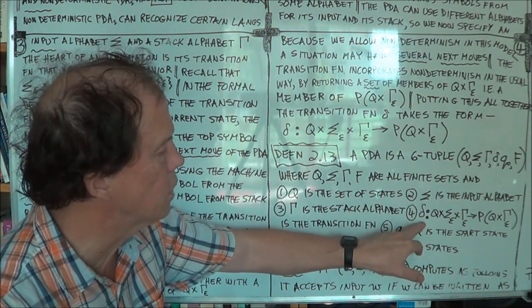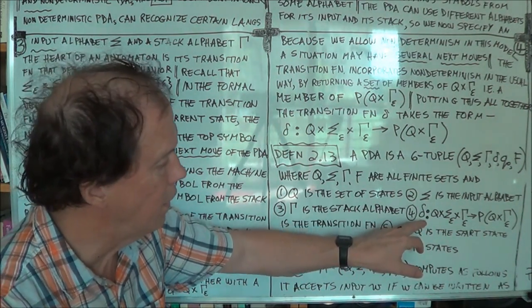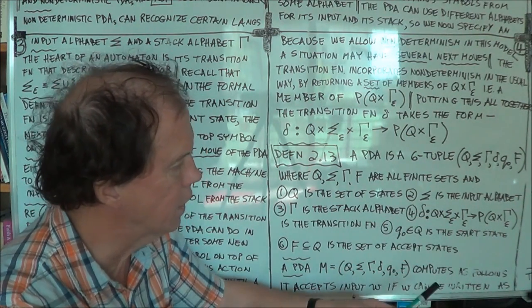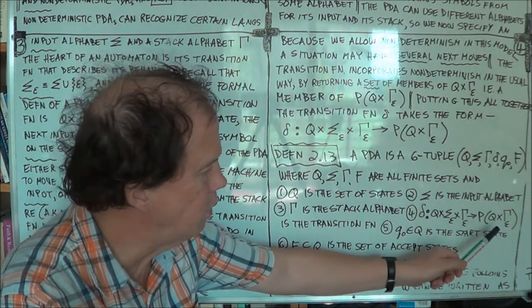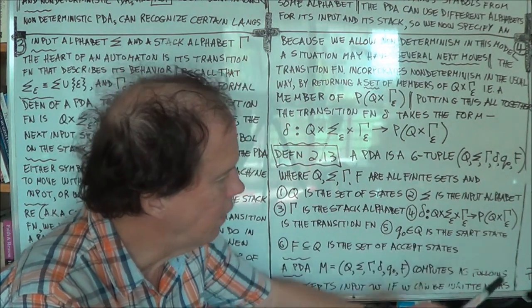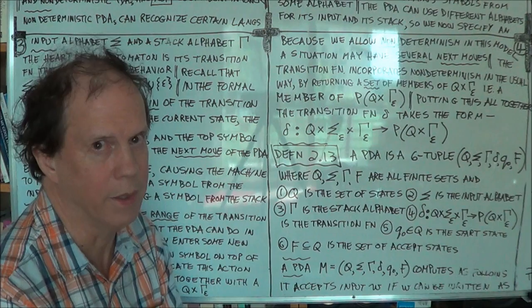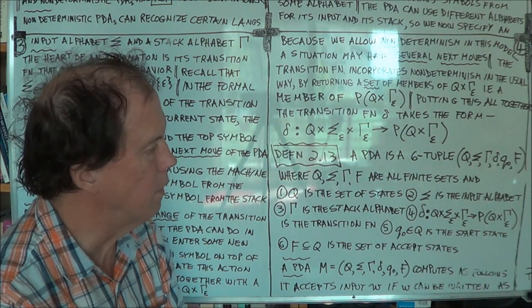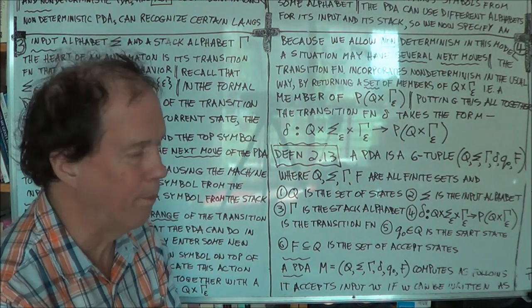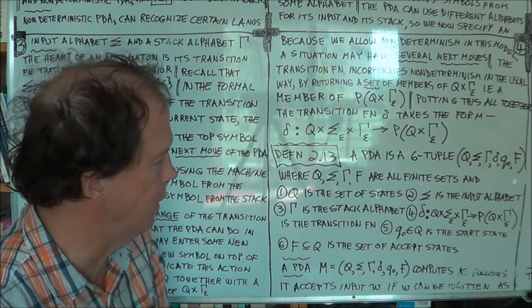That's what transition functions do. And it decides on the next move. And the next move will be like the next state, and the symbol that it writes, if it does, onto the top of the stack. Now I'm getting a bit more specific now. Alright.